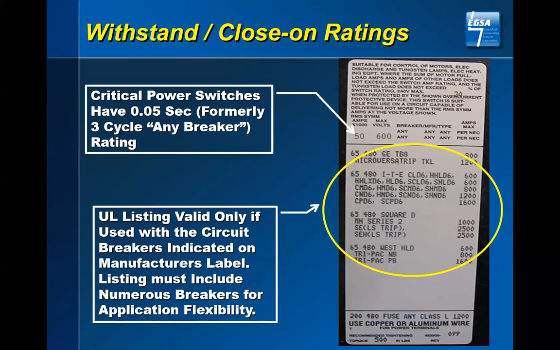If you have a good electrical inspector, he will walk up, look at what breaker is protecting this switch on either side, and if it's not on this list, he'll red tag the switch and tell you, no, you cannot apply it with that high of a fault current. You'll also notice that those breakers are broken down in that regard for each type of voltage and such.